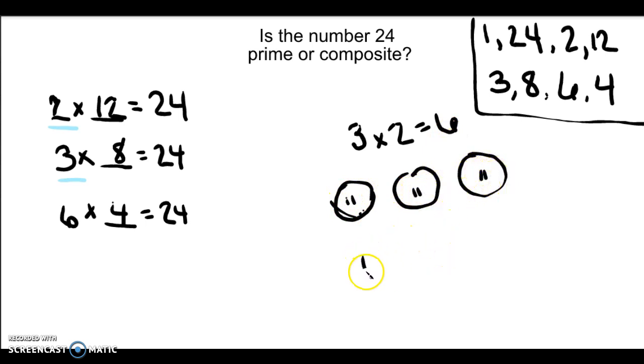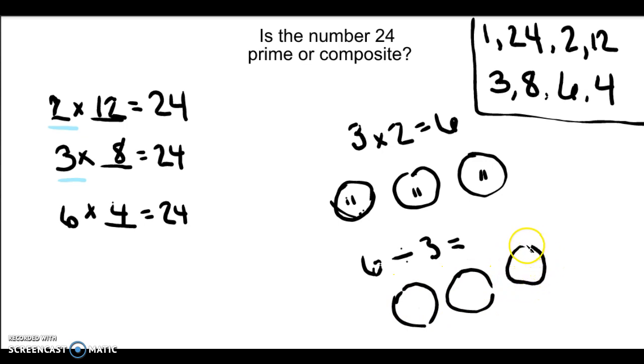If I wanted to flip it around and say 6 divided by 3, what I'm saying here is 6 objects split up into 3 groups. So I go 1, 2, 3, 4, 5, 6.